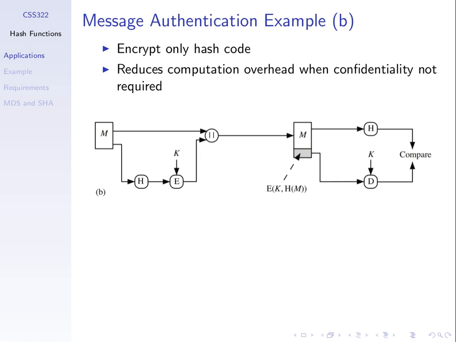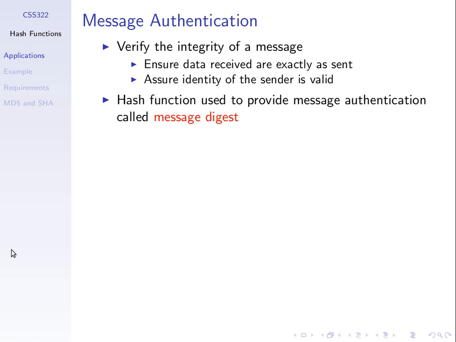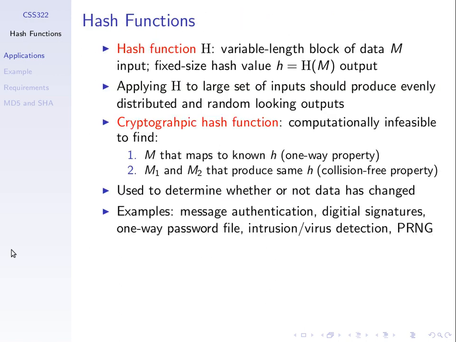Let's go back to remind what we want from our hash function. Collision-free property. Take the hash of M1, gives us one hash value. Take the hash of M2, should give us a different hash value.